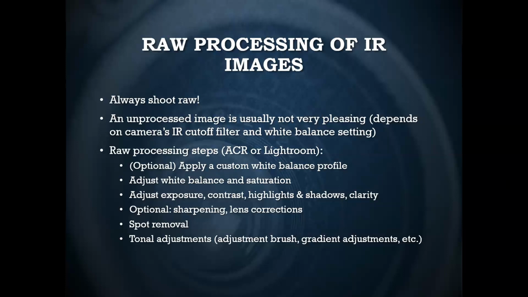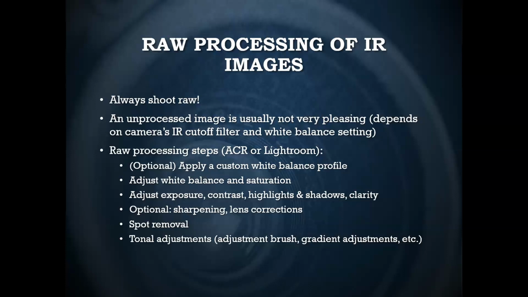Adobe Camera Raw and Lightroom, out of the box, don't give you a wide enough white balance range to capture the white balance you probably want when you convert your raw files. So you can load custom profiles for your camera that broaden that range and let you get whatever white balance you want. I actually have links to a couple of articles with instructions for how to do that in the package here.